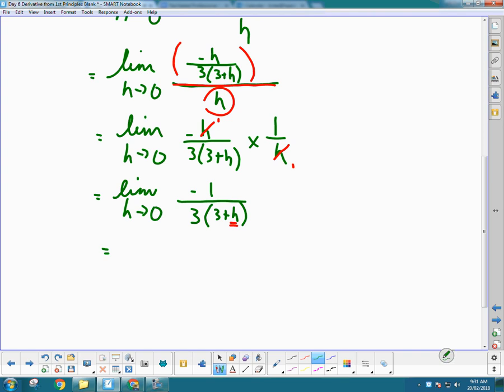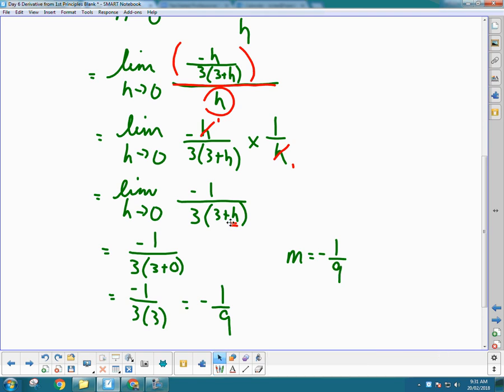I don't need to write the limit part anymore. I can actually take the limit. It's negative 1 over 3 times 3 plus 0 now. That 0 is not going to result in divide by 0, so things are good. It's negative 1 over 3 times 3, which is negative 1 over 9. And so it turns out the slope of the tangent for this one is negative 1 over 9.